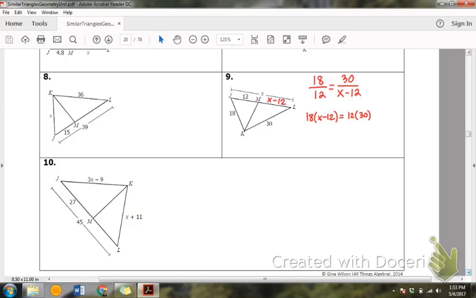Good. 22? Maybe I did my math wrong. Oh, here. It's 12 and you put a 2. 32?